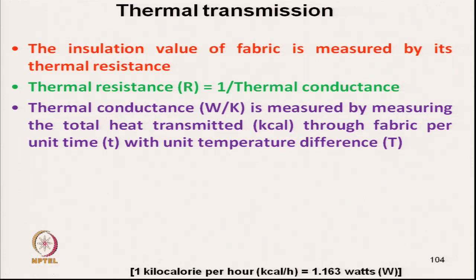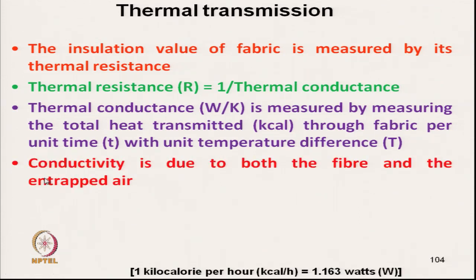It is measured by measuring the total heat transmitted in kilocalorie through fabric per unit time with unit temperature difference. So, that is thermal conductance, and conductivity is due to both the fiber and entrapped air.